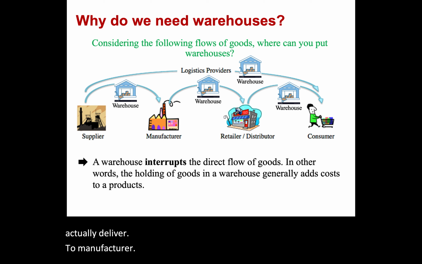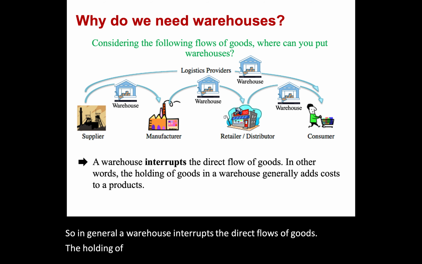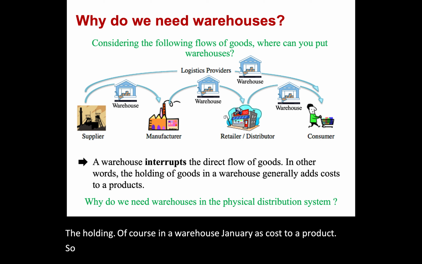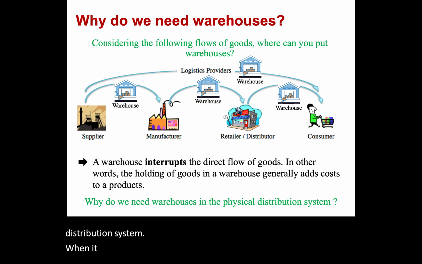So in general, a warehouse interrupts the direct flow of goods, and the holding of goods in a warehouse generally adds cost to a product. So the next question is, why do we need a warehouse in the physical distribution system when it will add more cost to our operation?